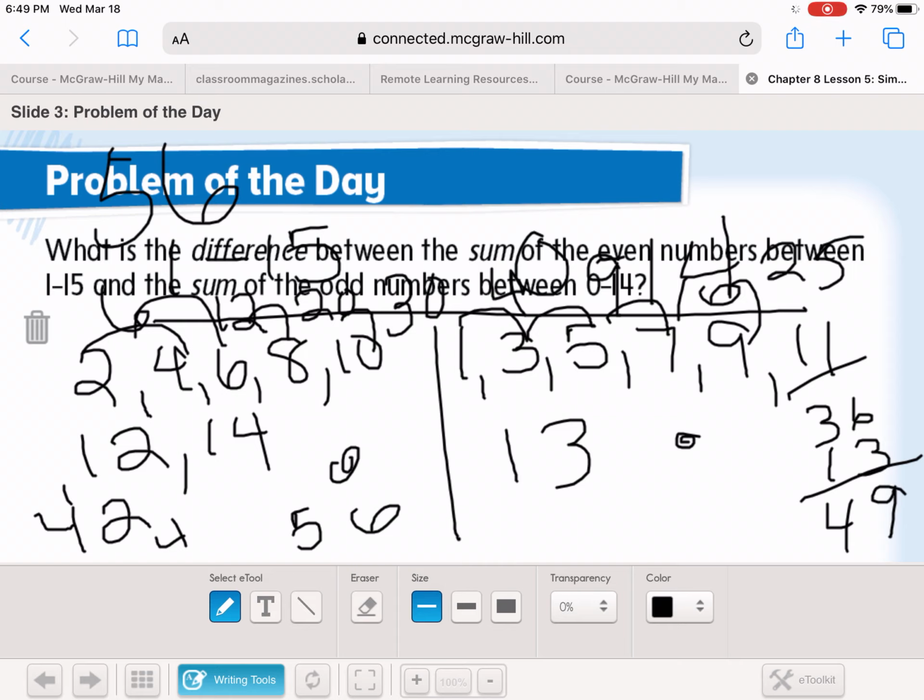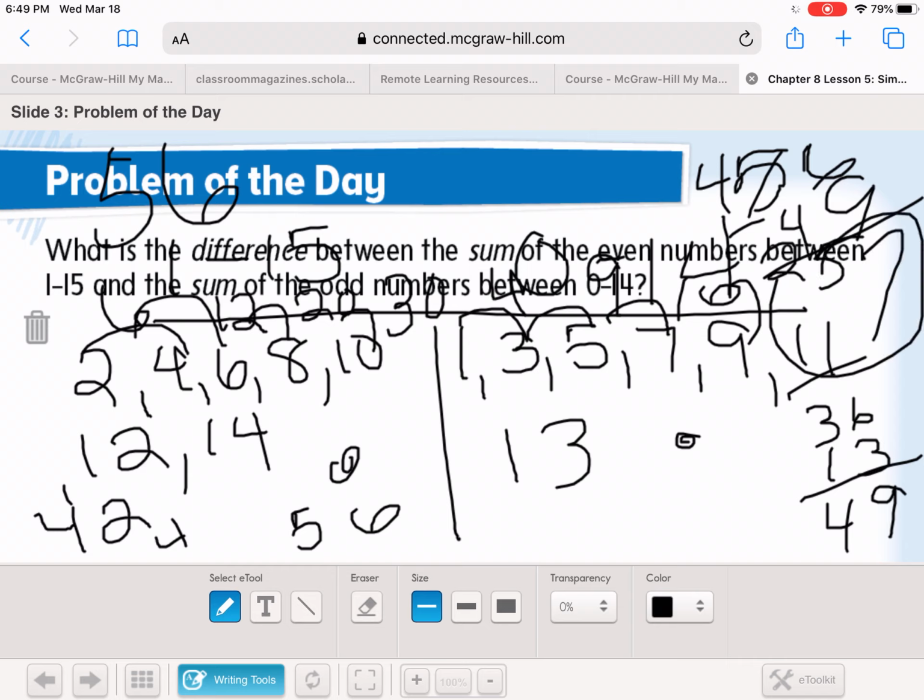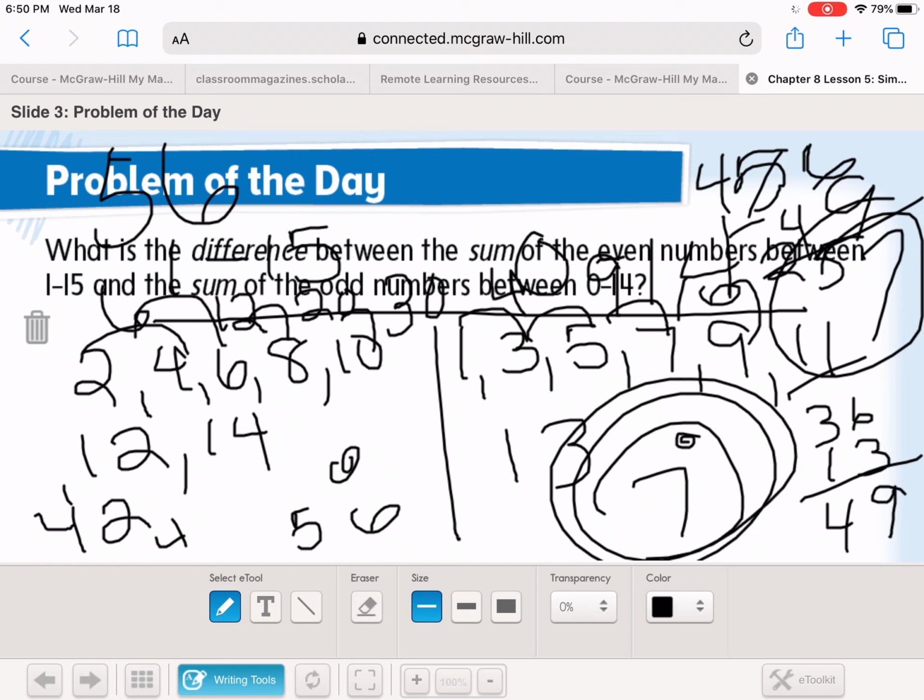So now I need to do 56 minus 49. The answer is 7. Oh my God, I got it right this time because I remember the answer was 7. So it's 56 minus 49 equals 7.